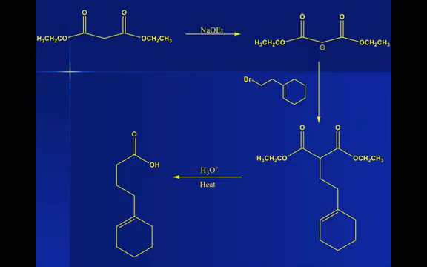All right, so last time we were talking about what name reactions? Claisen. And what is the Claisen? All right, so that's right. It's the reaction of two esters to form a beta-keto ester under what conditions?